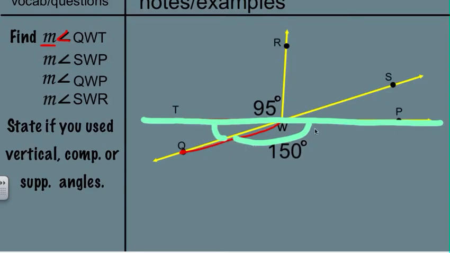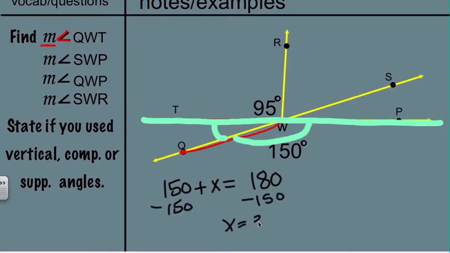This is the one that we know. A straight line will make 180 degrees, and in this case that's created by taking 150 plus our unknown. And from here we could subtract 150 from both sides, and we'll find that x equals 30. So our missing angle here is 30.